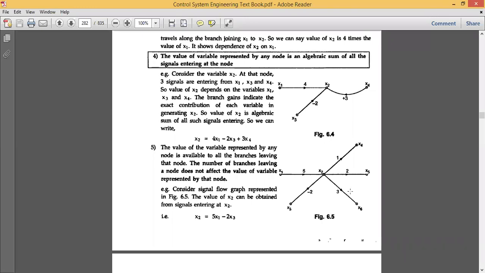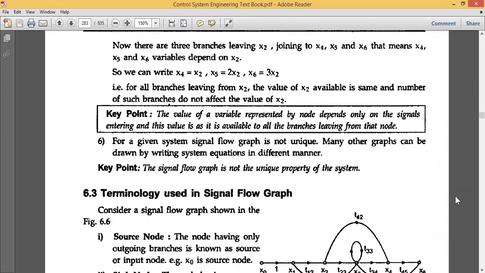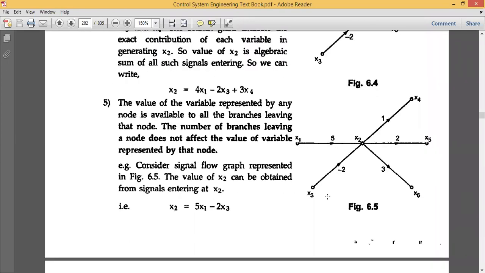If you look at figure 6.5, at x2 the entering points are x1, x3, x4, x5 and x6. If you want to find the node equation of that particular point, then the property says the number of branches leaving a node does not affect the value of the variable represented by that node.